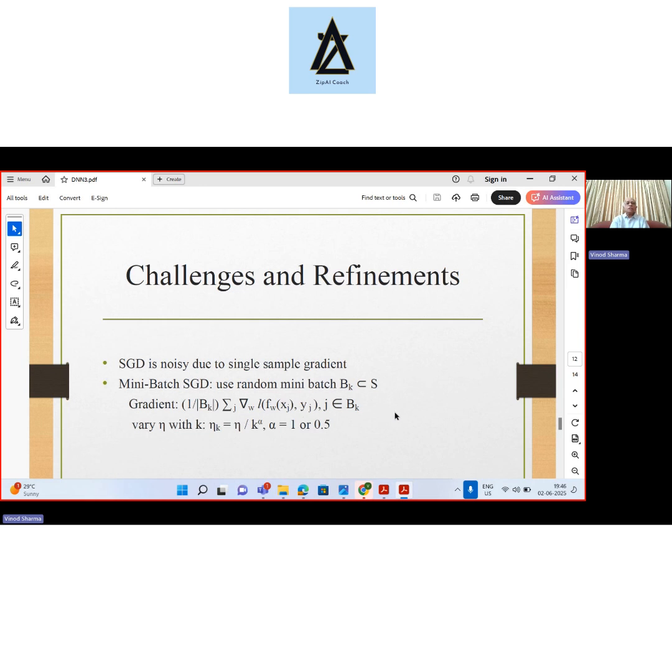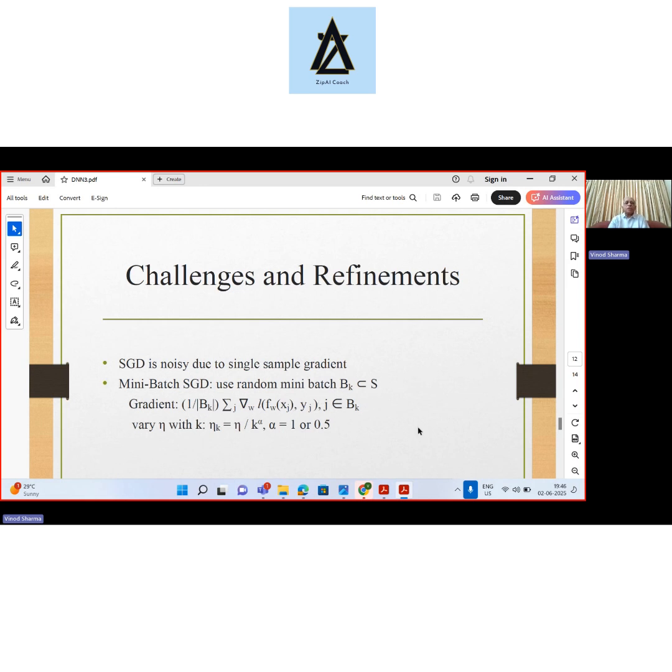In stochastic gradient descent, you are computing this only at one point randomly picked from these n samples, but that doesn't work very well. So you take the gradient at a small mini batch from S, and take an average of that.